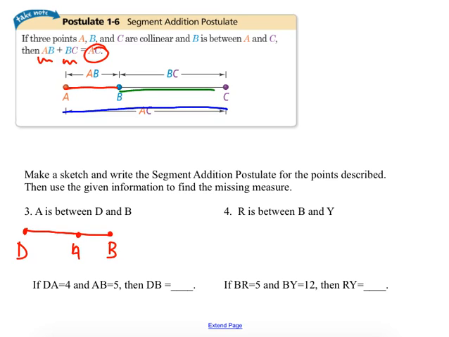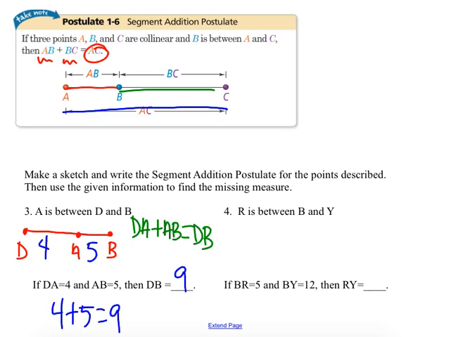And then it wants us to write the segment addition postulate. So I'm going to have DA plus AB equals the whole DB. And now they're telling us some information here. If DA is 4 and AB is 5, what's the whole DB? Well, we know that 4 plus 5 equals 9.